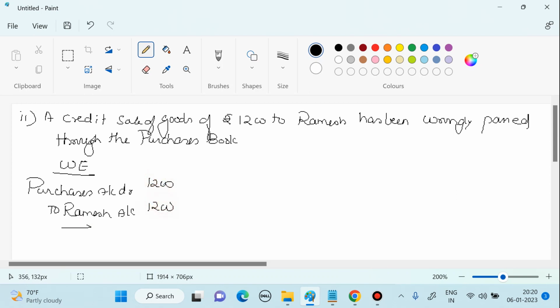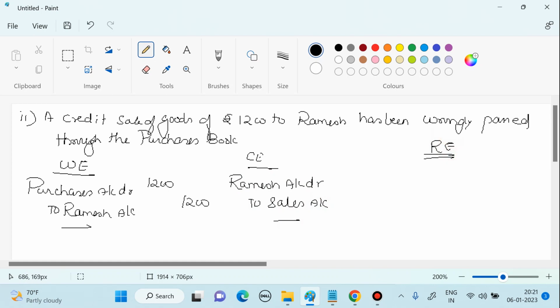But actually, what should have happened? It was a credit sale. So you should have debited Ramesh. Ramesh account should have been debited and sales account should have been credited. So to rectify it, what will we do? Ramesh should have been debited. So we will debit him.